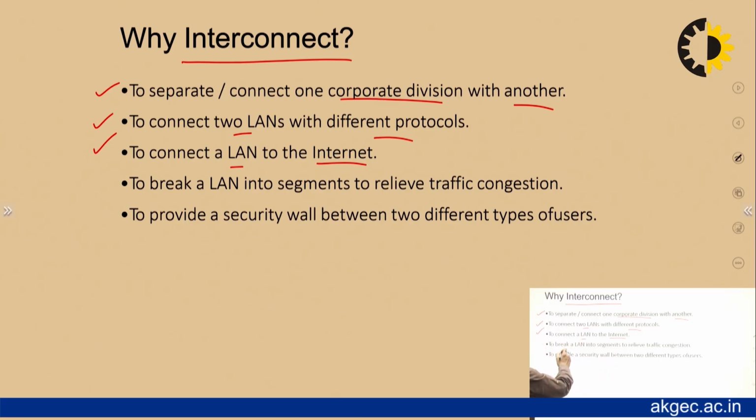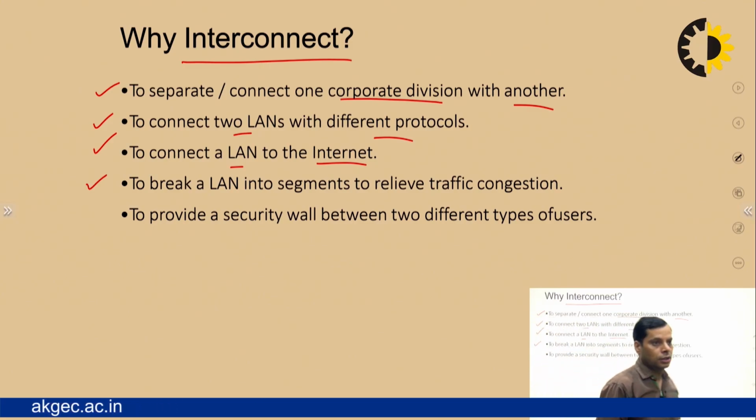So that worldwide, devices in different places can connect with the help of the internet, which is provided onto the LAN. Then, to break a LAN into segments to relieve traffic congestion.